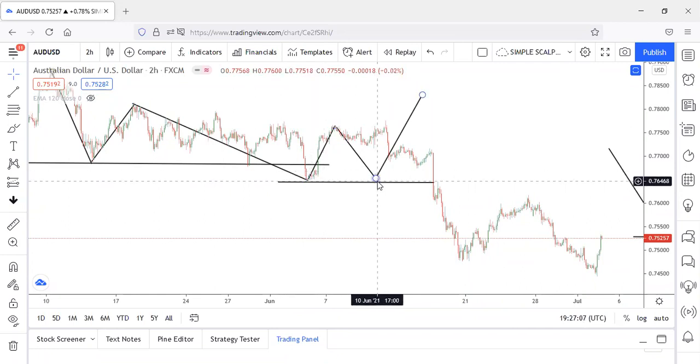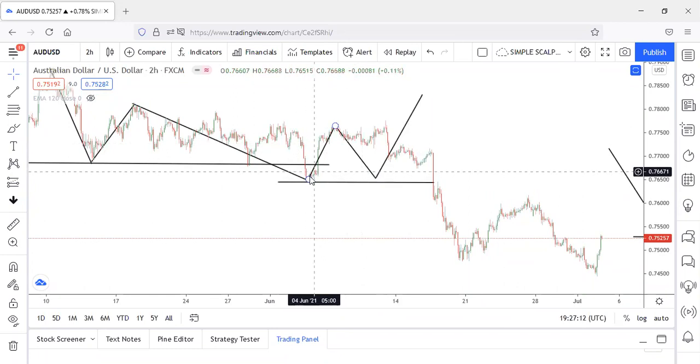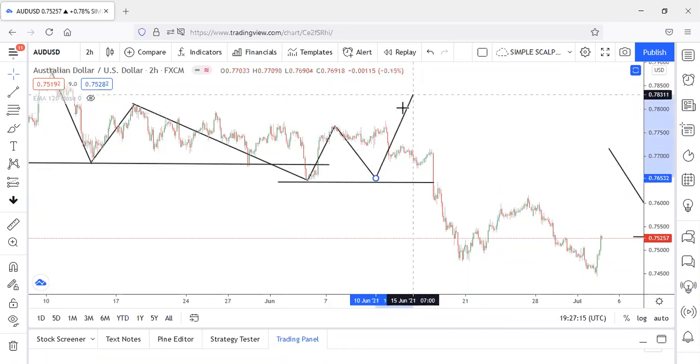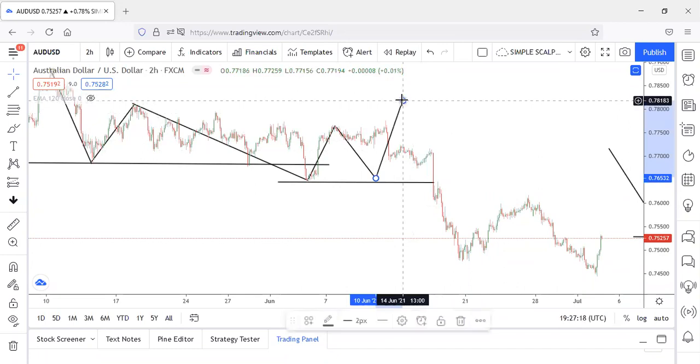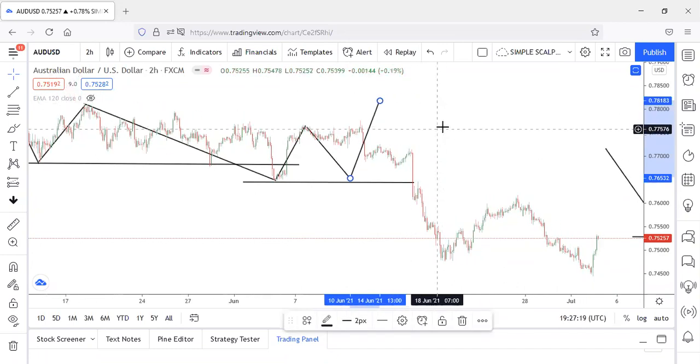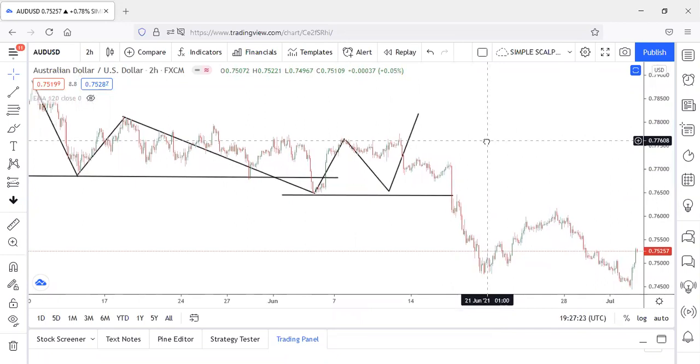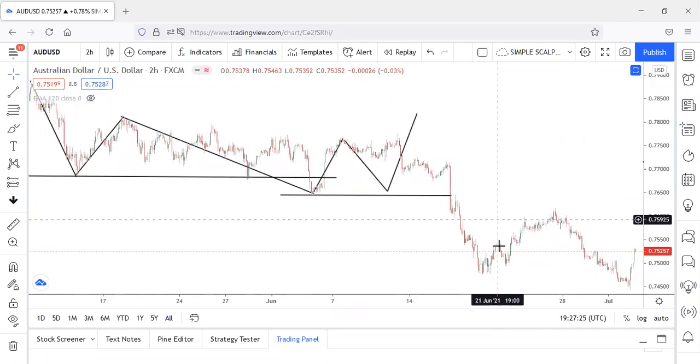Should the market come to this place and not break this level, then you can take some profit before the market reverses. These are the kind of structures you are going to see in the market when the market is not ready to continue to push down or to the upside. I hope this is very, very clear.